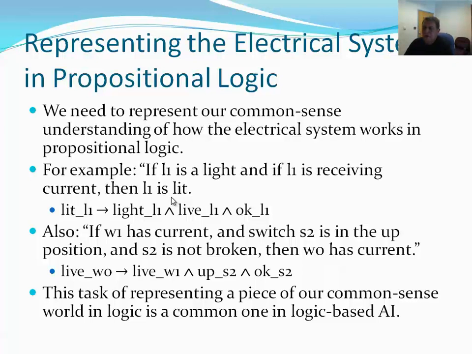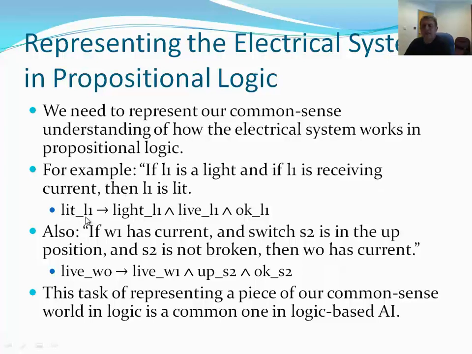And we also look into representing electrical systems in propositional logic. For example, we need to represent our common sense understanding of how the electrical system works in propositional logic. For example, if L1 is a light and L1 is receiving current, then L1 is lit.